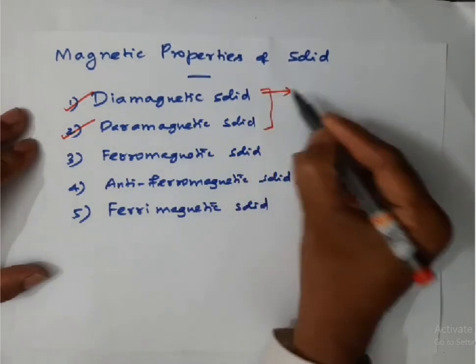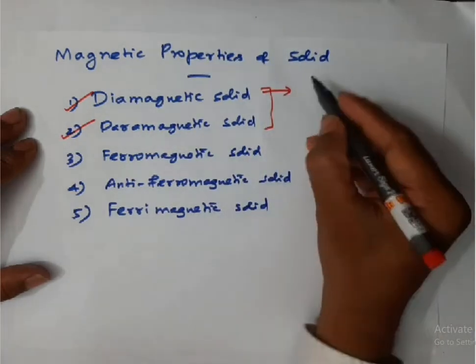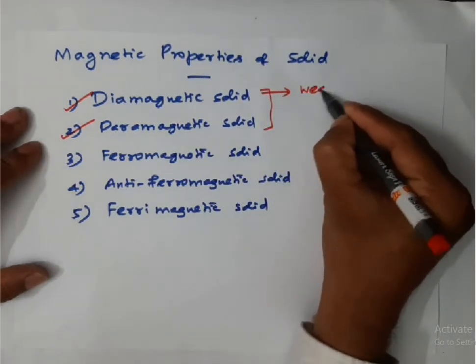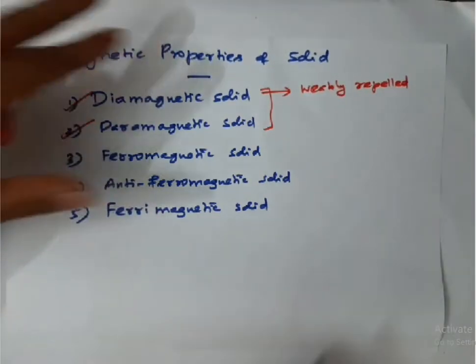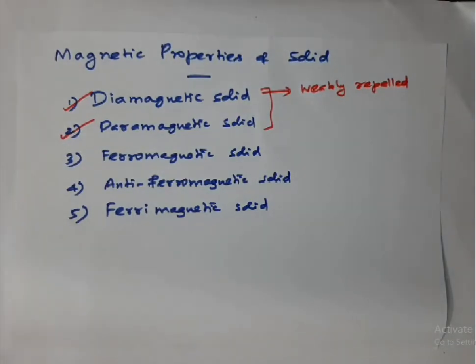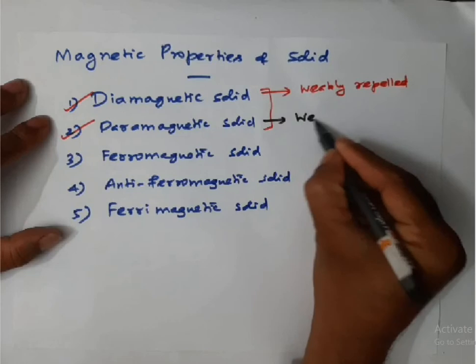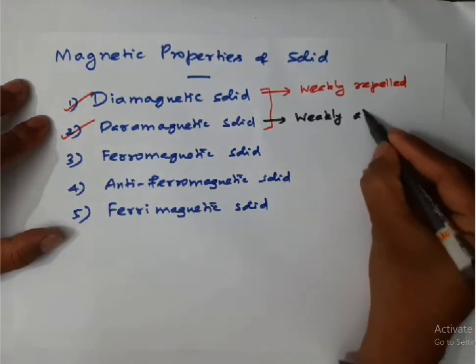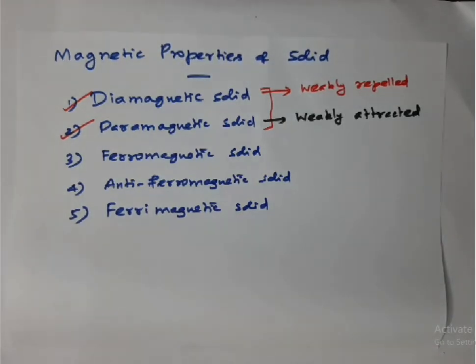If you keep a diamagnetic solid in a magnetic field, diamagnetic solids are weakly repelled by the magnet, whereas paramagnetic solids are weakly attracted by the magnetic field. So this is the characteristic of diamagnetic and paramagnetic solids.